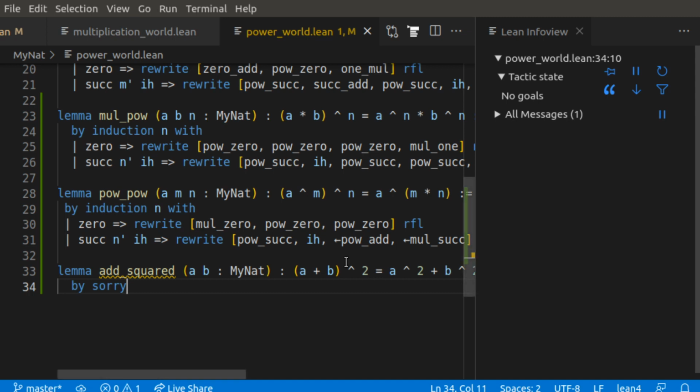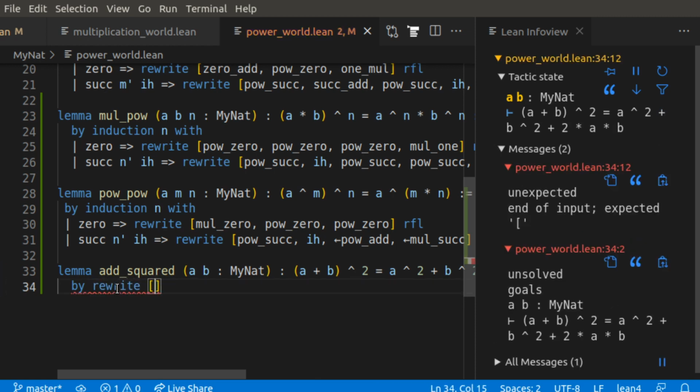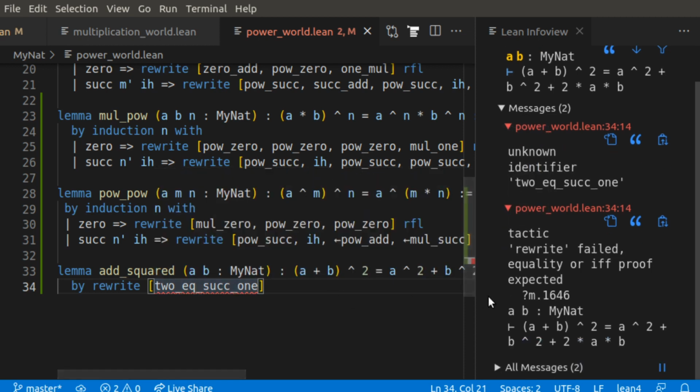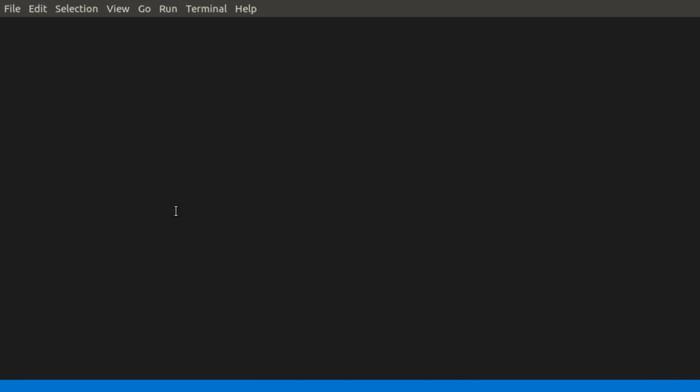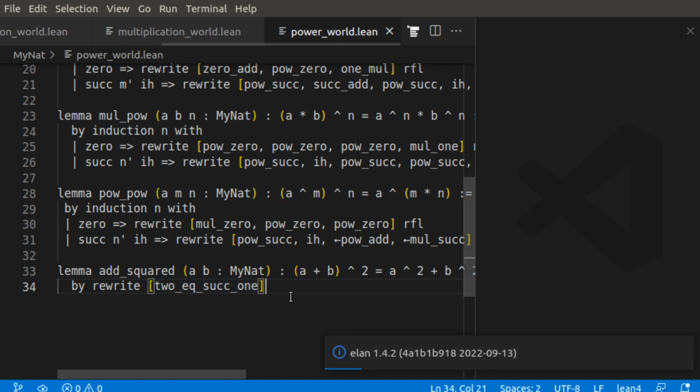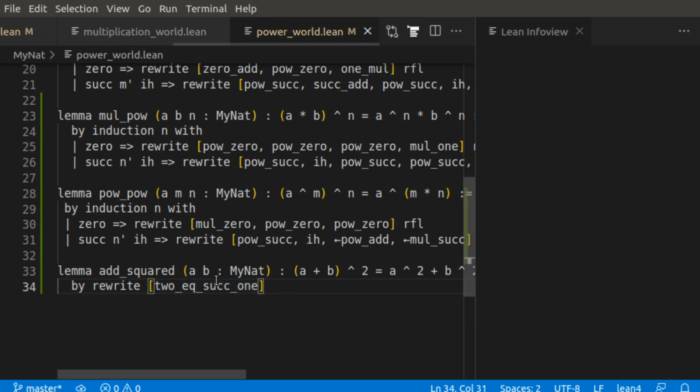And there's some tips here on how we should try to do something like rewrite 2 equals successor of 1. I need to reload my window maybe. Did this do anything?